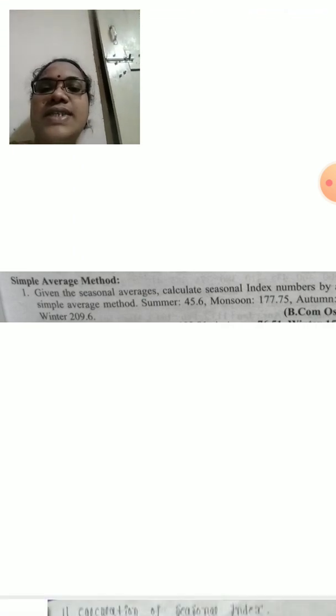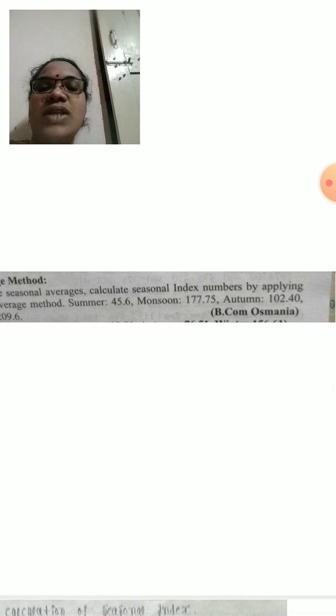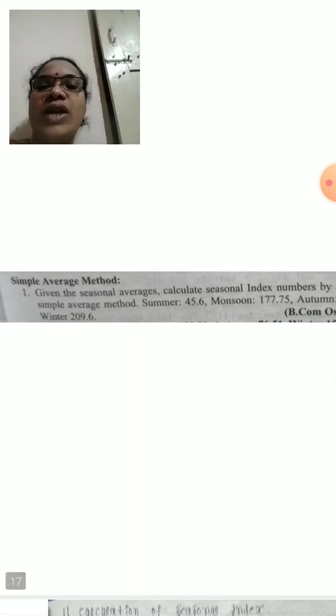Let us discuss the simple average method. Given the seasonal averages, calculate the seasonal index numbers by applying the simple average method. Summer is 45.6, monsoon is 177.75, autumn is 102.40, winter is 209.6.